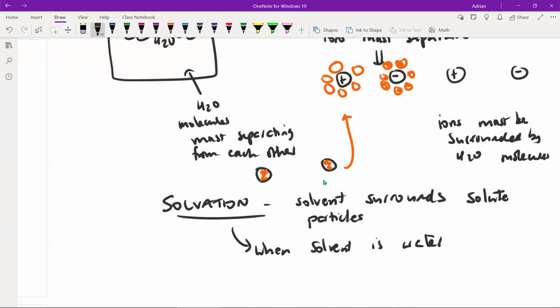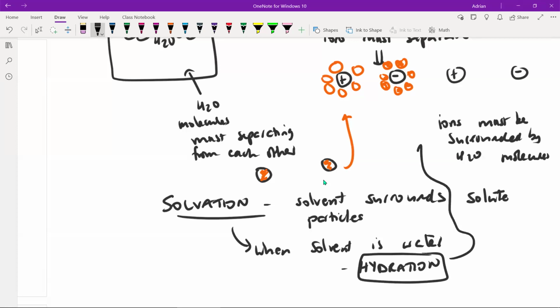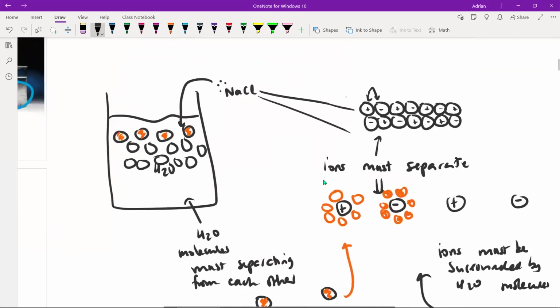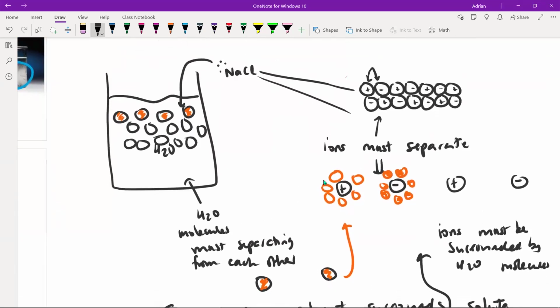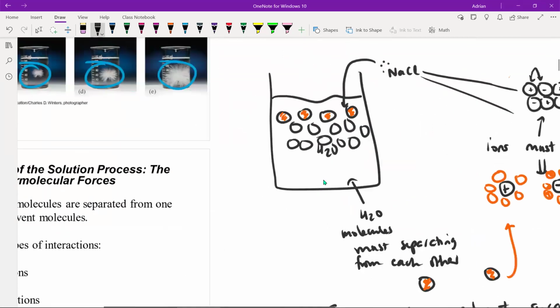Instead of solvation, we say specifically that it is hydration, right? So in the case of the example above, yes, this sodium chloride is being solvated by water molecules. We can also say that the sodium chloride ions are being hydrated, right? Because water is the solvent in this case.